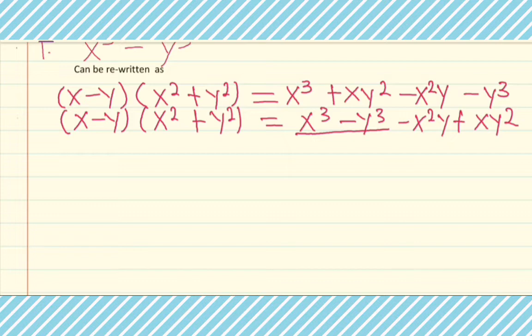We have (x minus y)(x squared plus y squared). Minus x squared y will become plus x squared y.